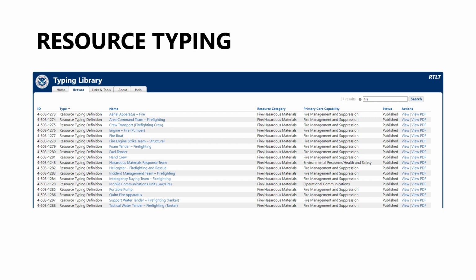We use that standardized language to appropriately request the resources that are needed. This is going to help us reduce costs by eliminating orders for equipment that may be inaccurate or inappropriate for the situation.